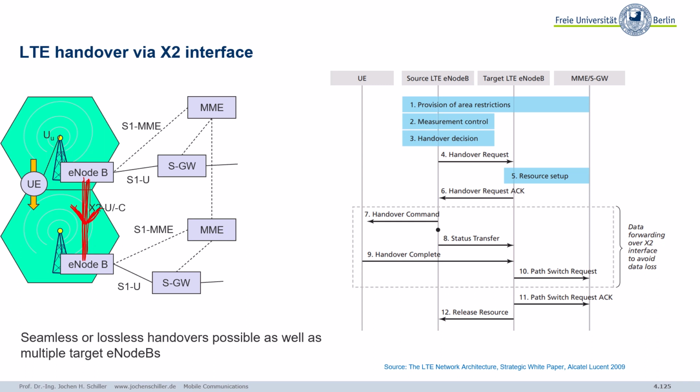So as soon as the old eNode B notices, oh, there's no more user equipment, but I still have some packets that are not acknowledged, I could forward them to the new eNode B, that maybe the new eNode B, the target eNode B, forwards them to the user equipment, then they will be acknowledged.